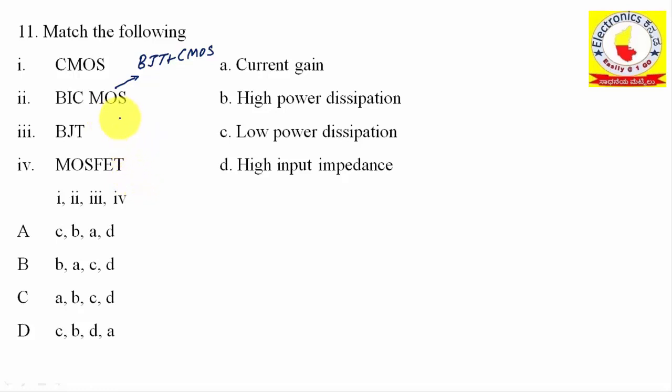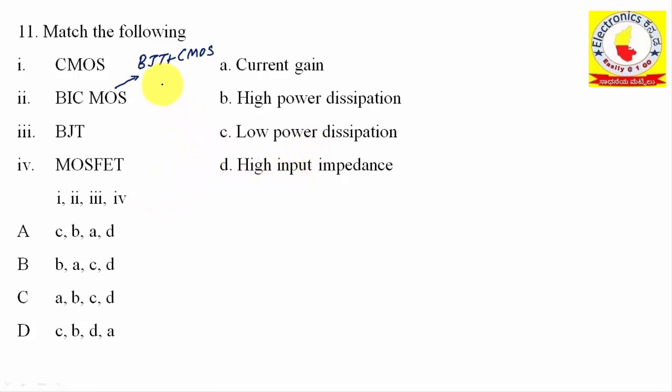Next, they are asking to match the following. In the first column they have given CMOS, BiCMOS, BJT and MOSFET. In the second column they have given current gain, high power dissipation, low power dissipation, high input impedance.